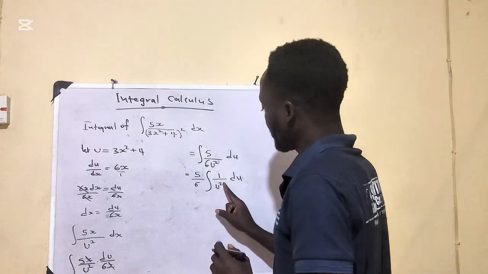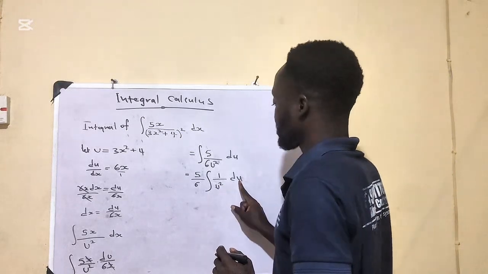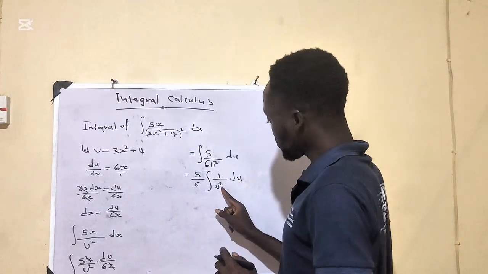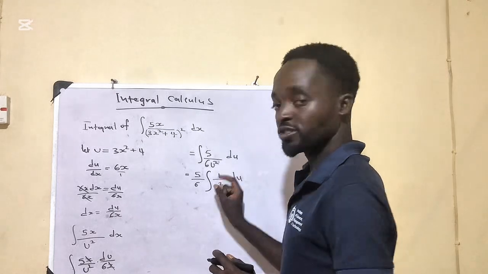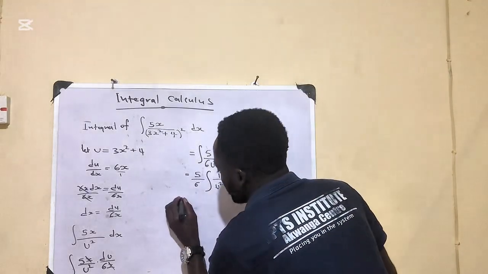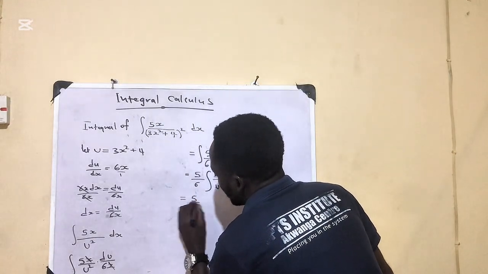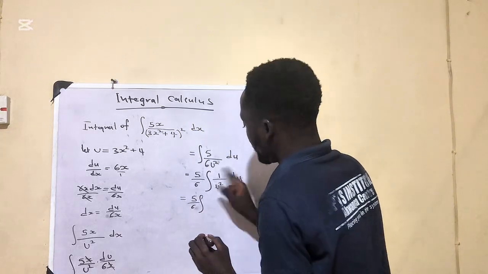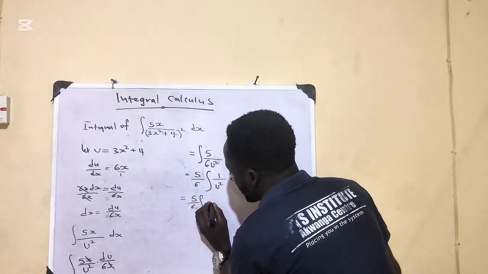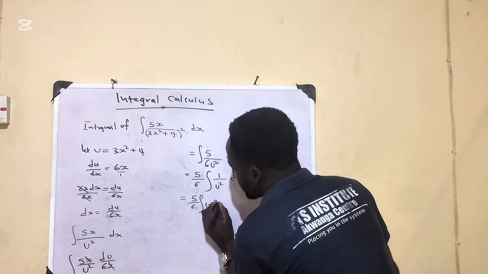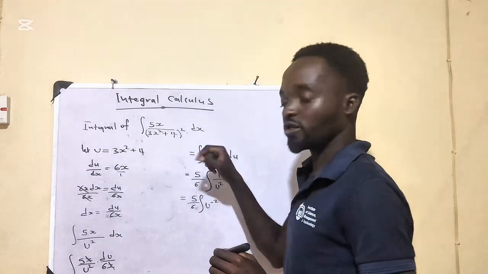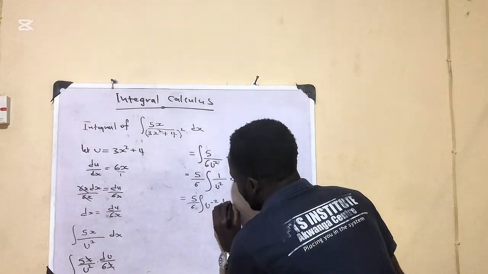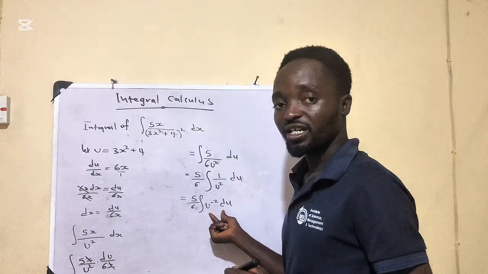Now from here we are going to integrate with respect to u. To make it easier, let us bring this u up, so we can rewrite this as 5 over 6 times the integral of u to the power of minus 2 du, because we brought it up. Now we can carry out our integration.